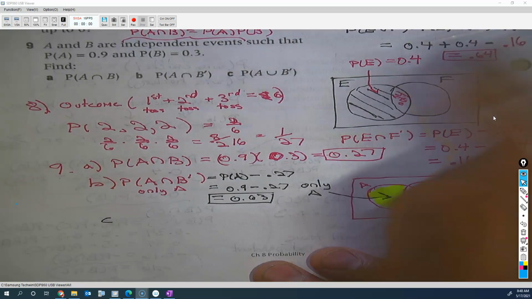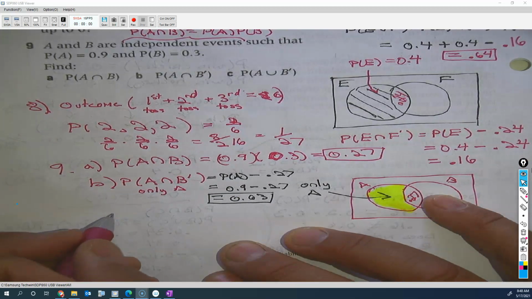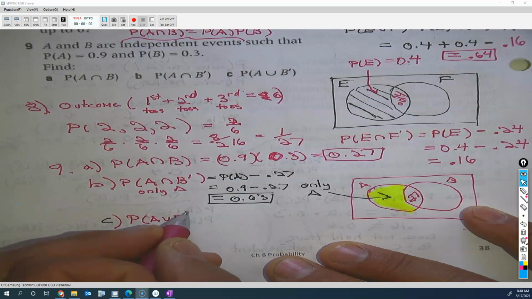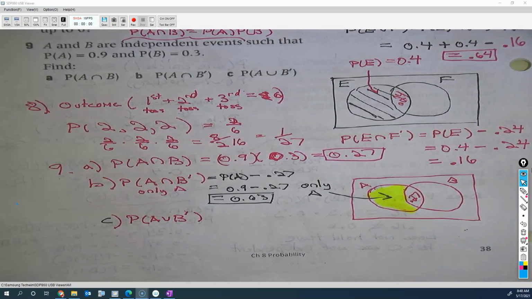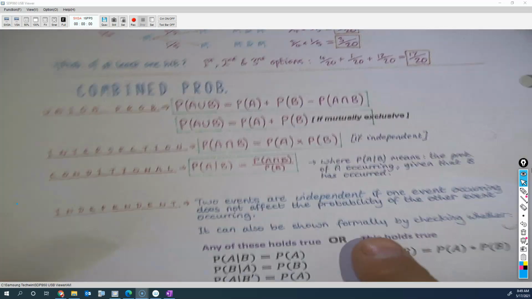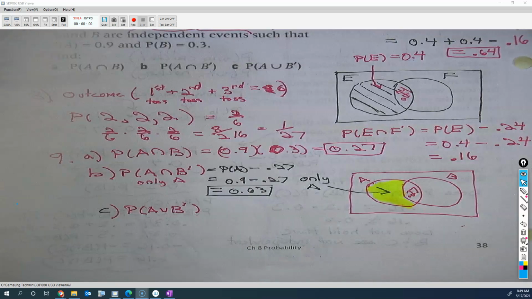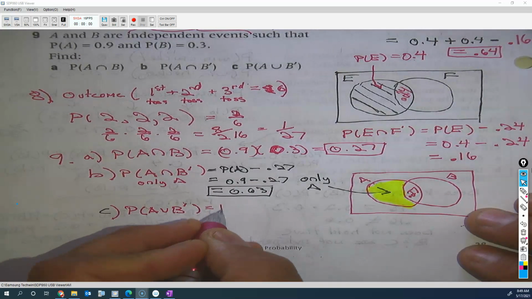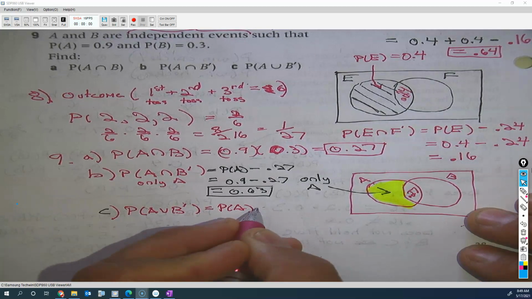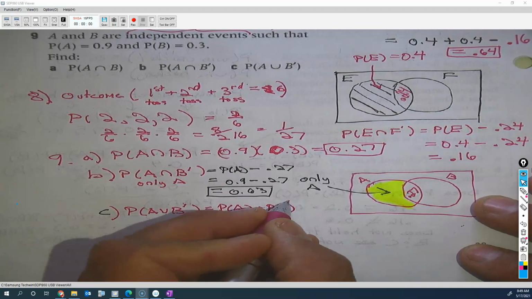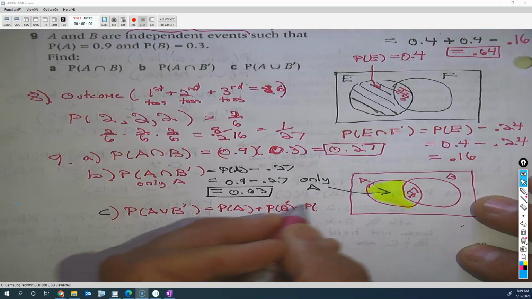And then the last one, A union not B. That's a union, guys, so we can use our rule right there. So P(A) plus P(not B) minus their intersection.